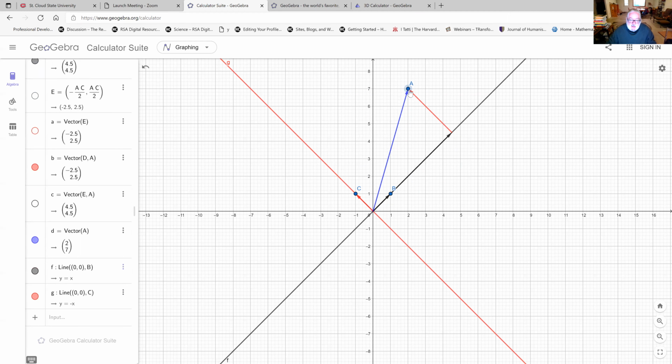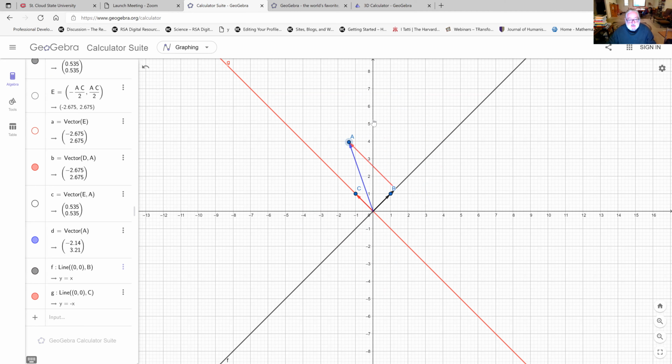We want to get to the point A. Well, go this many units along the black axis and this many units along the red axis, and that gets you to the point A. Right? So it's the same kind of construction that you see with the x-axis and the y-axis. Go along one line until you get to sort of underneath it, and then go up the other one.